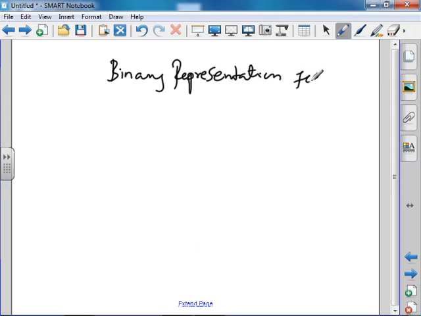Signed numbers: computers can handle both positive and negative numbers. The simplest method to represent a negative binary number is called signed magnitude. In the signed magnitude method, the leftmost bit is the most significant bit, called MSB, and is called a sign bit or parity bit. These numbers are represented in computers in different ways.